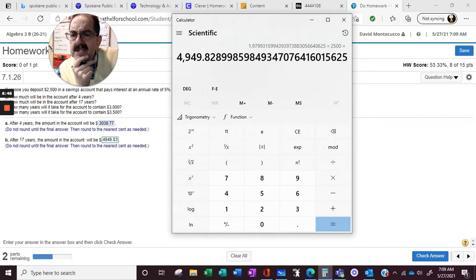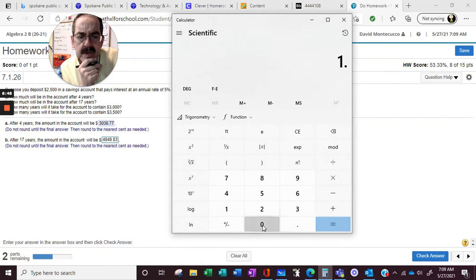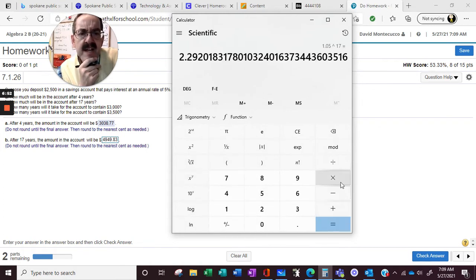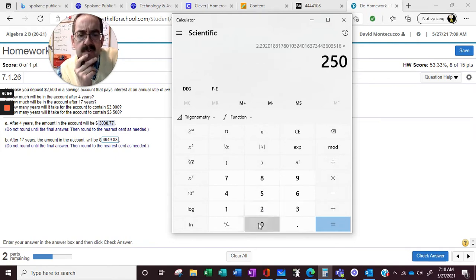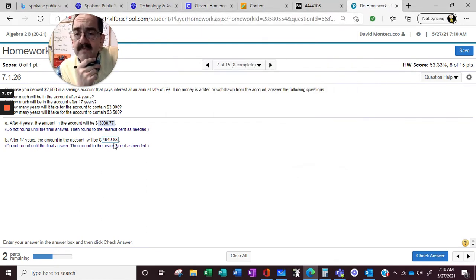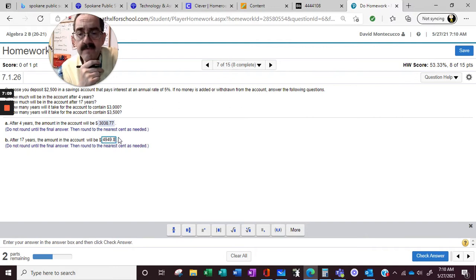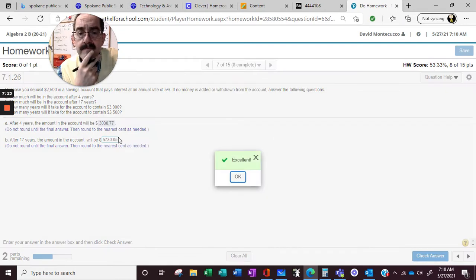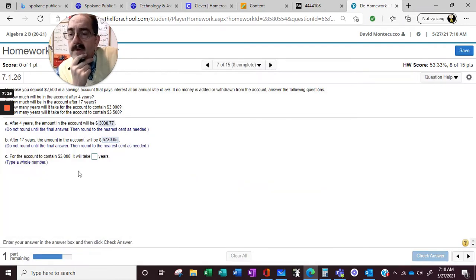I wonder if I put 17 years. 1.05 x to the y 17 times 2,500. Okay, I didn't put to the 17th power, so I typed something wrong. $5,730.05. Cool.